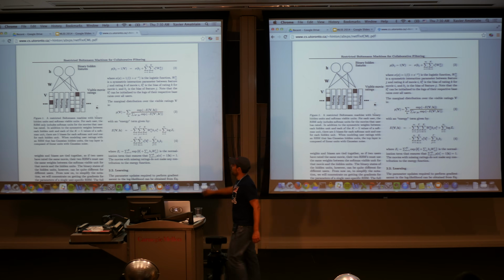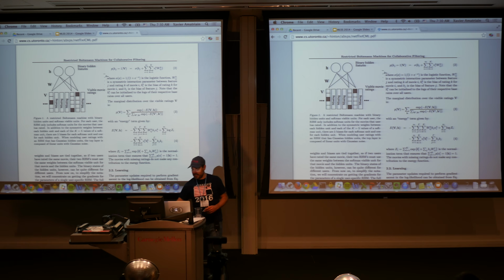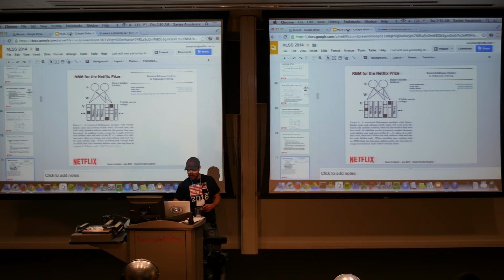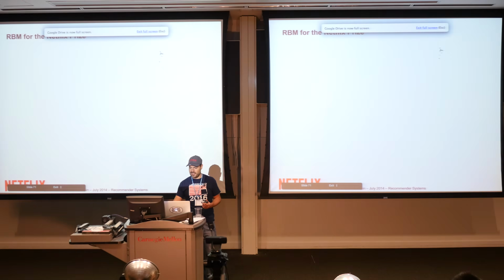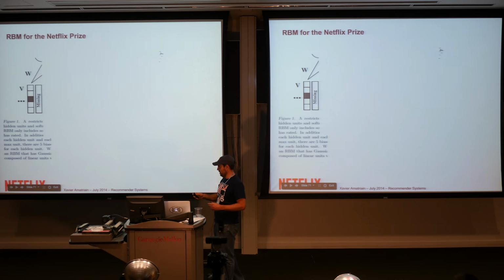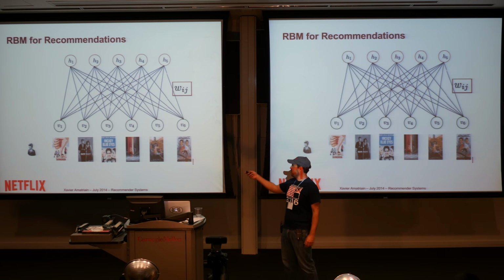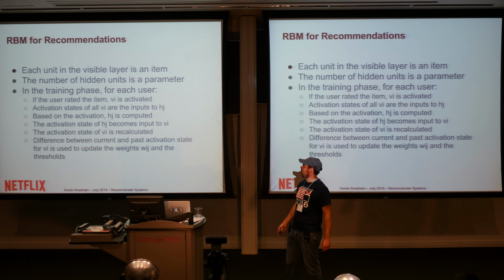So here each hidden unit has the 5 values of a softmax. There's some rendering problem, I guess. Okay, so same thing. This is the same thing that we had here.